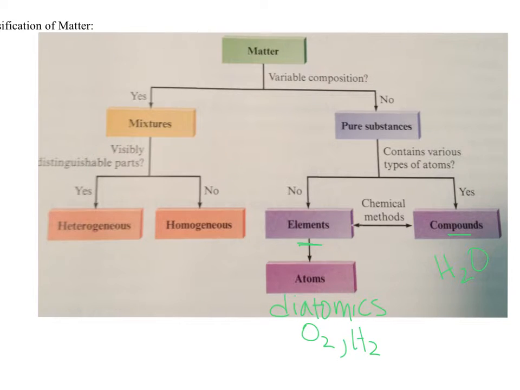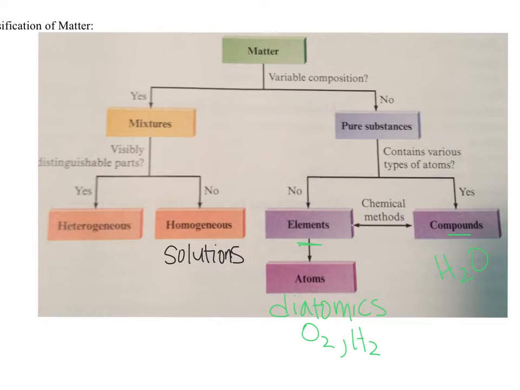Over on the mixture side, you have heterogeneous versus homogeneous. What do we also call homogeneous mixtures? Starts with an S, ends with elutions. Yeah, good. That's when you know I'm losing my patience. I'm just kidding. So homogeneous is what we call solutions.